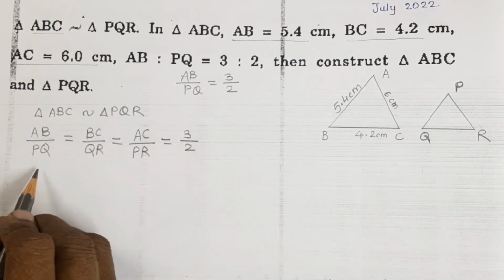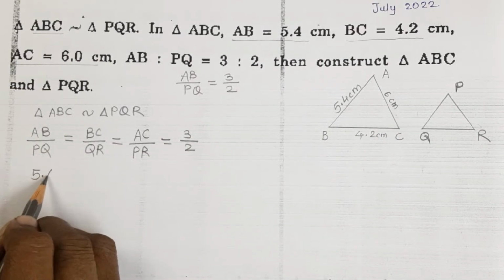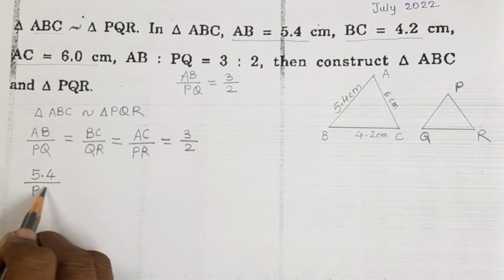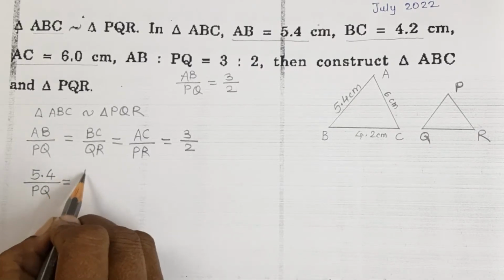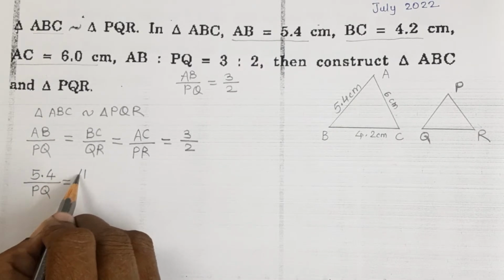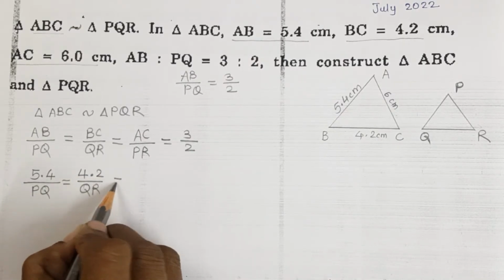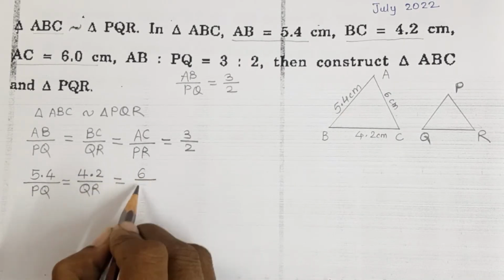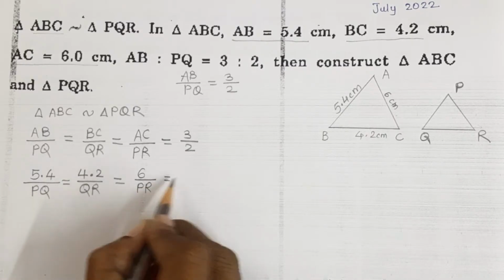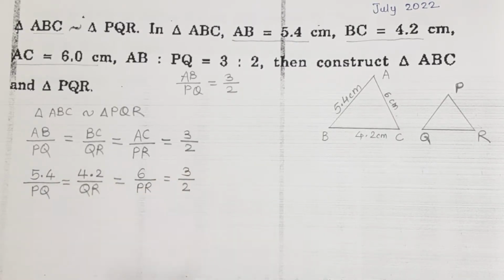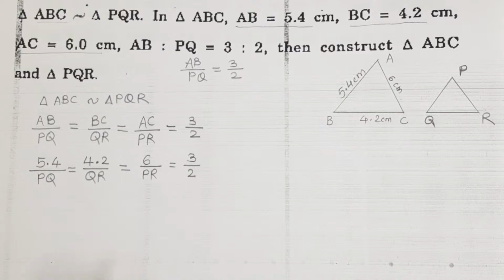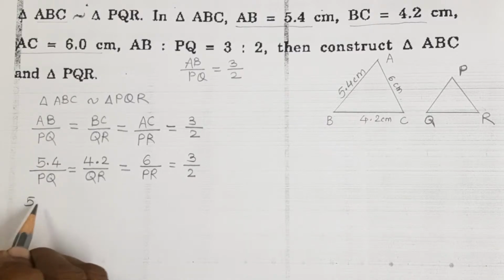Then here AB is 5.4, so 5.4 upon PQ is equal to 4.2 upon QR is equal to 6 upon PR is equal to 3/2. Okay, students, and then here taking two ratios at the same time and calculate.